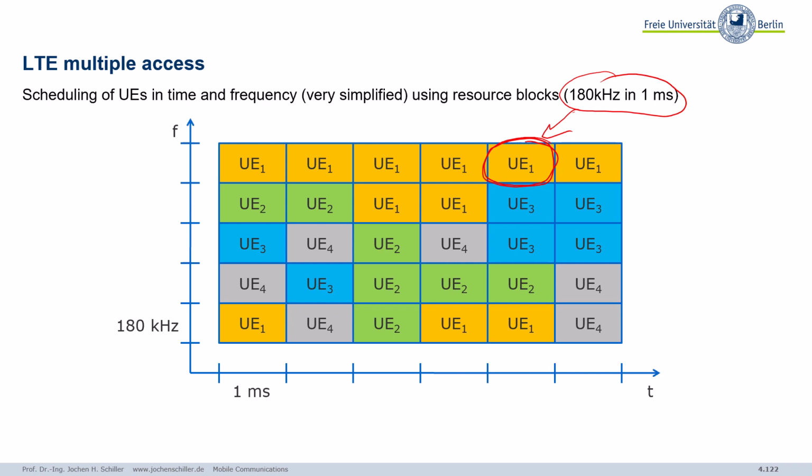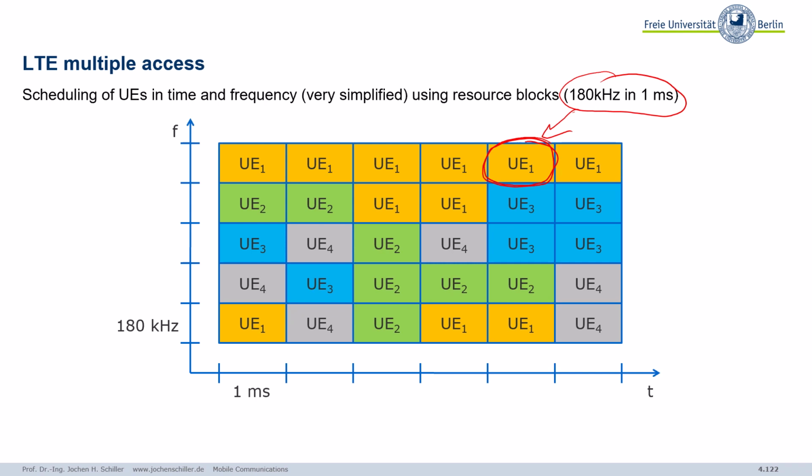But this really goes into electrical engineering, and do this only if you're interested in these details. Otherwise, for us, it's enough to understand, okay, way higher flexibility by a dynamic allocation of time and parts of the spectrum. So that's the key idea of LTE when it comes to multiple access.